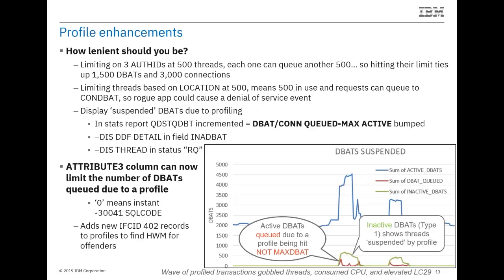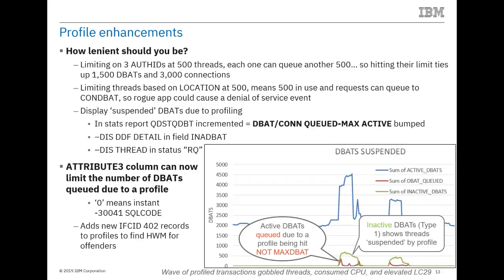So how lenient should I be for this? This is just taking into account some customer scenarios where they had to go back and revisit their ideas of profile. So if I've got 3 separate auth IDs, in each one I'm going to set a profile to allow them to have 500 threads. That means each one of those, for instance, if I use auth ID, each one of those could have another 500 queued behind them, right?